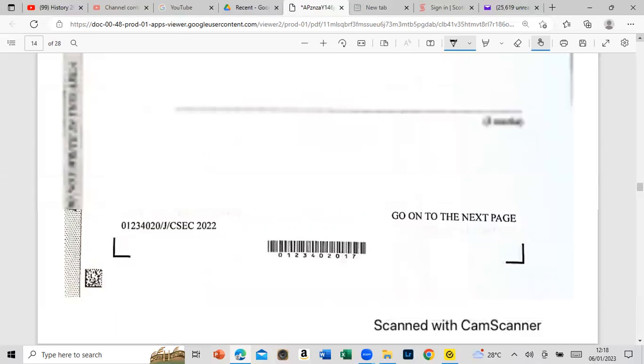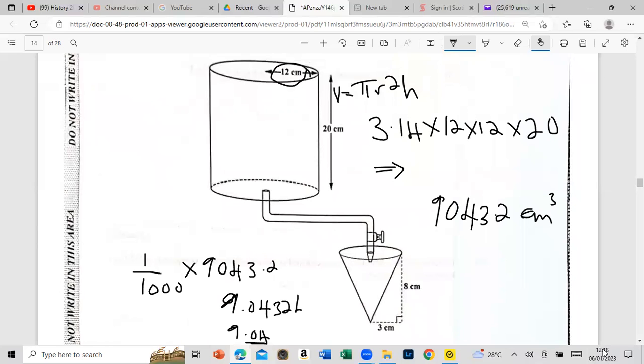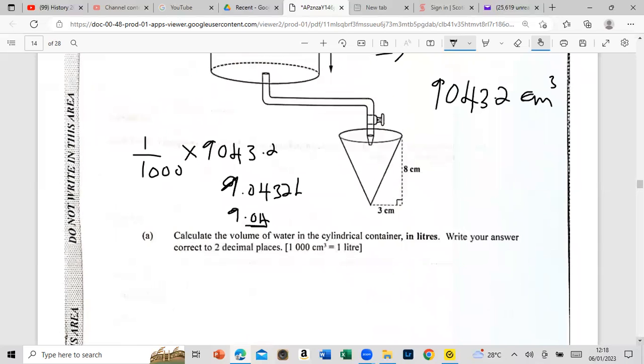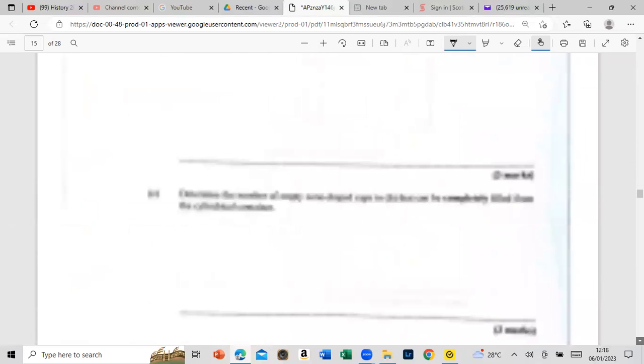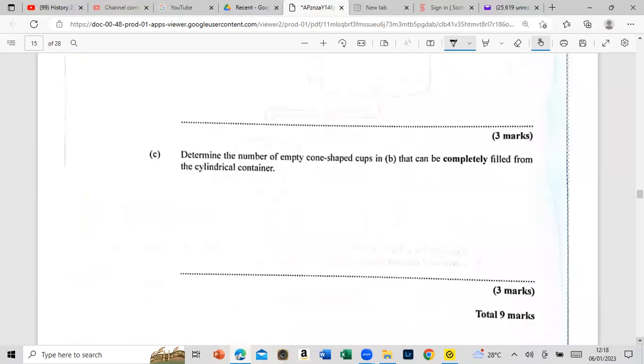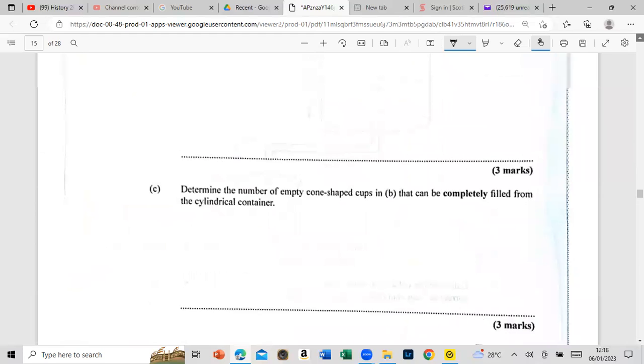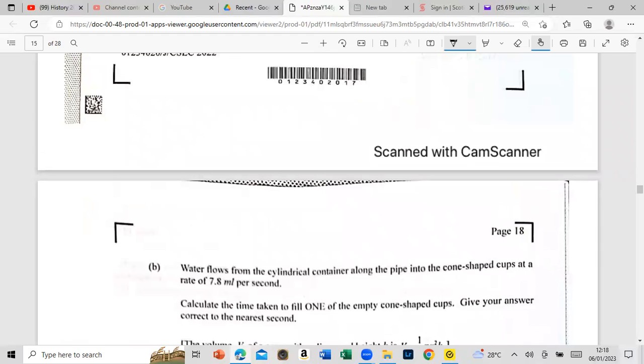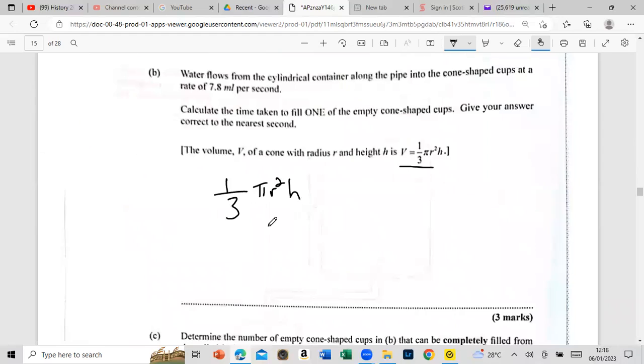The height was 8, and the radius is 3. All right, so let's go.